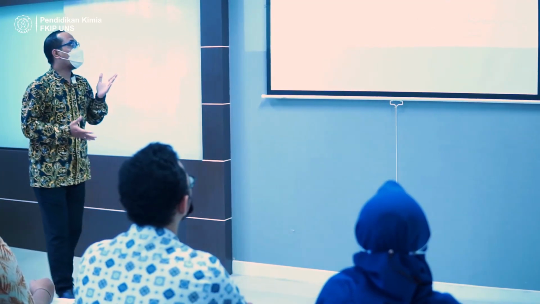So how do we see color? We see color when light touches the matter, and then all of the colors will be absorbed except the color that is reflected. The color that is reflected is the color that we see. That's how we see color.